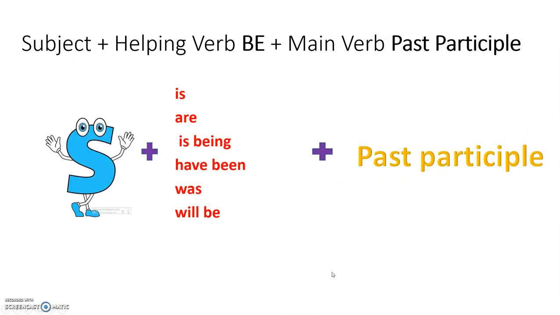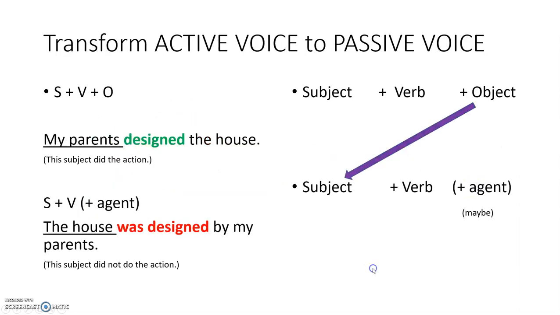So with a passive sentence, you'll always see this pattern. Subject and the helping verb is be in whatever tense you need. This is where you show the verb tense. And then your main verb would be past participle. We also call it third form. So you might have a regular ed verb, like this example with designed, simple past here.